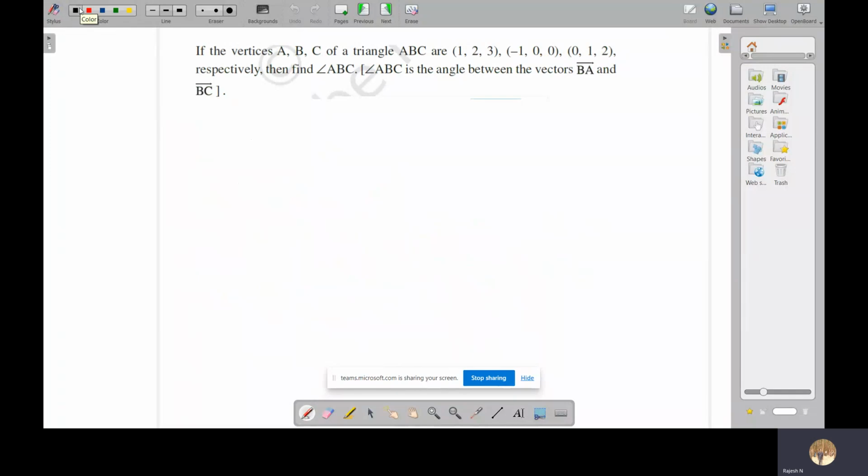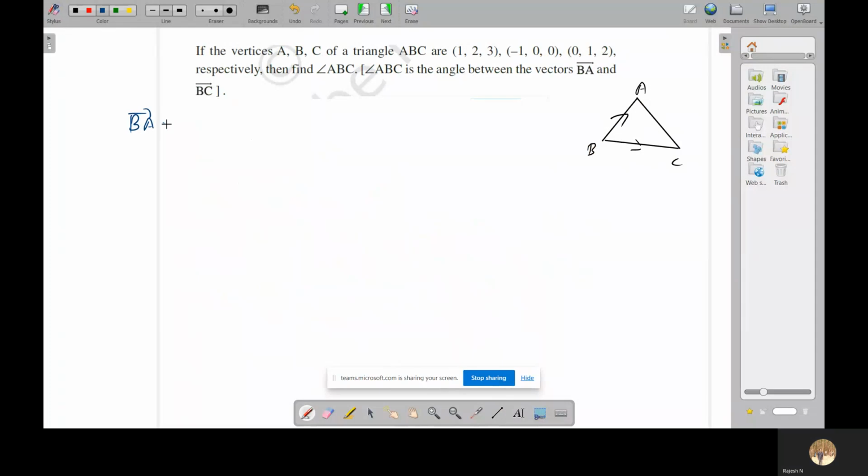If the vertices A, B, C of triangle ABC are 1, 2, 3, minus 1, 0, 0, and 0, 1, 2 respectively, find angle ABC. Angle ABC is the angle between BA and BC. So first of all, you have to find BA and BC.